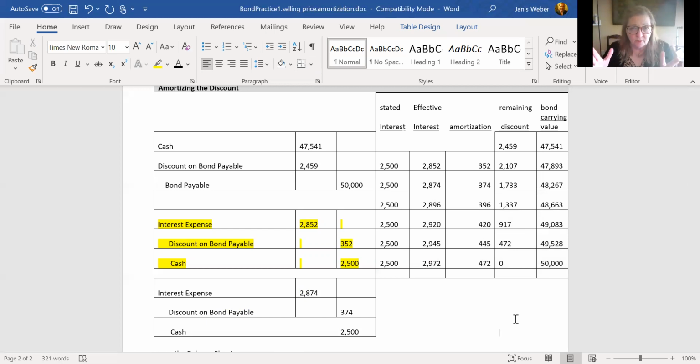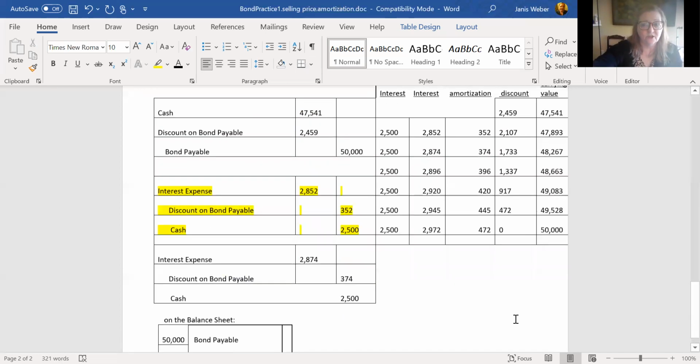So whatever your face amount of the bond is, that's what's going to be on the books. It's only going to say the words bond payable after your final interest adjustment. Okay. And that's all.